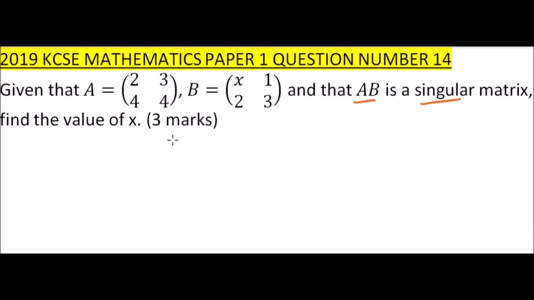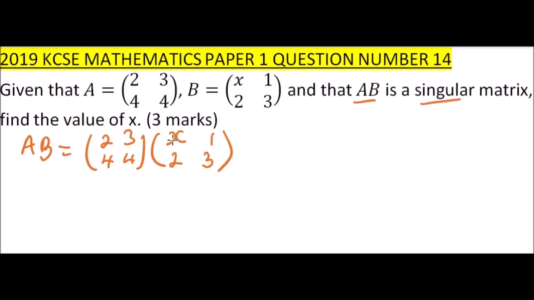So let's start the question by multiplying the two matrices. That is, AB is equal to 2, 3, 4, 4, multiplied by x, 1, 2, 3. When you multiply these two matrices, you multiply 2 times x, that is 2x, plus 3 times 2, that is 6.